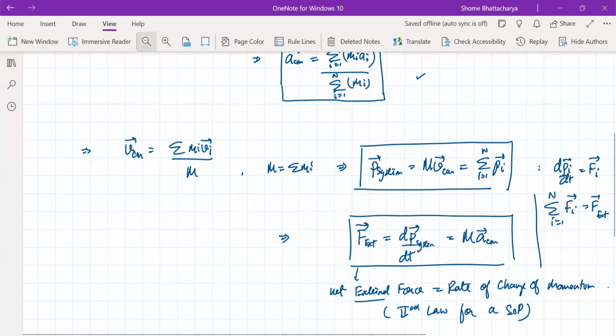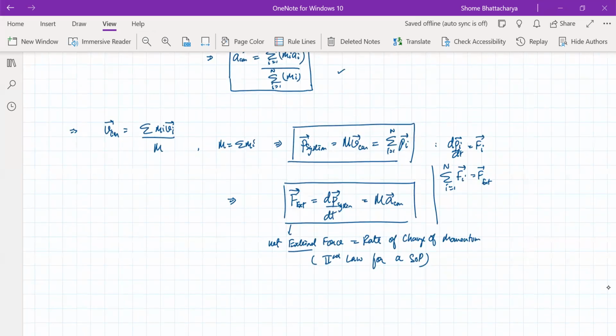Or we can invert this law and write what is called the impulse momentum theorem, that the net external force integrated over time is equal to the change in momentum during that time. Or the net external impulse equals the change in momentum of the system.